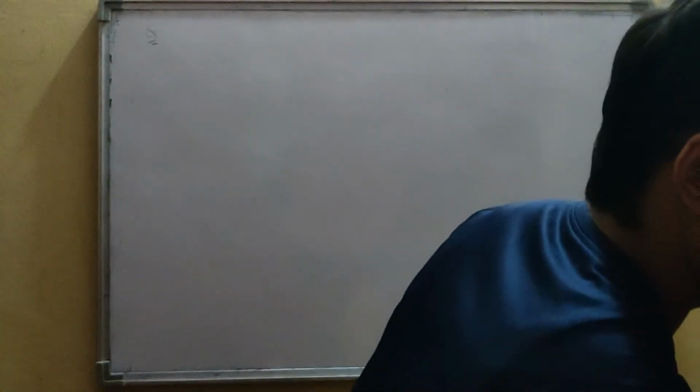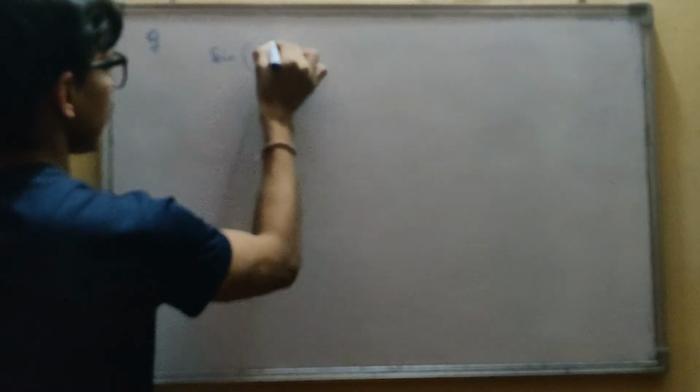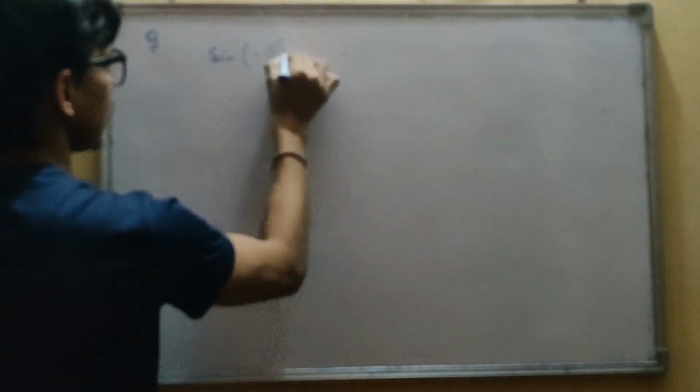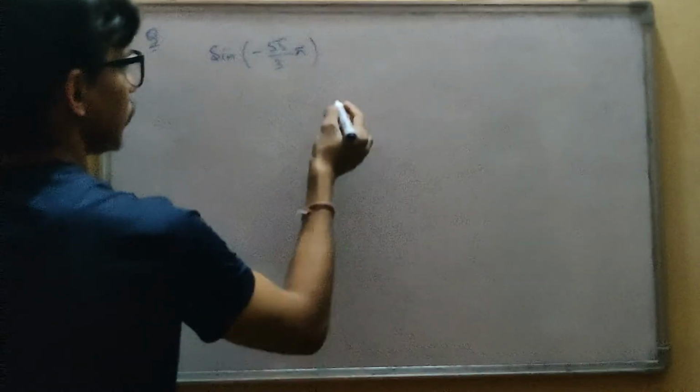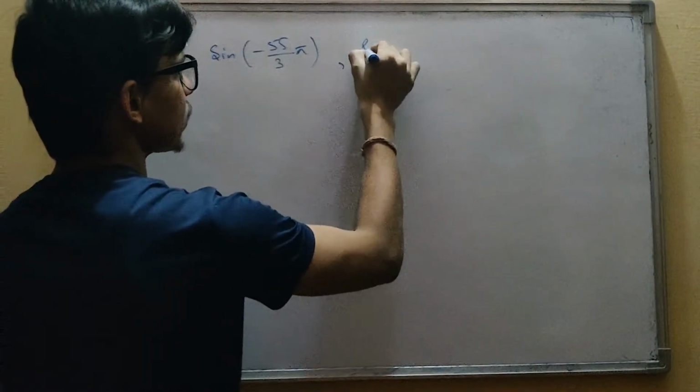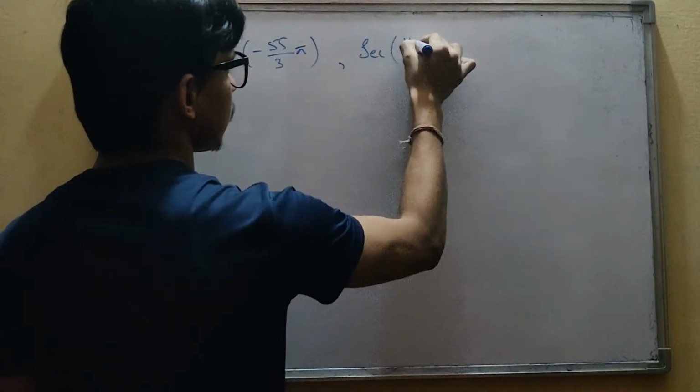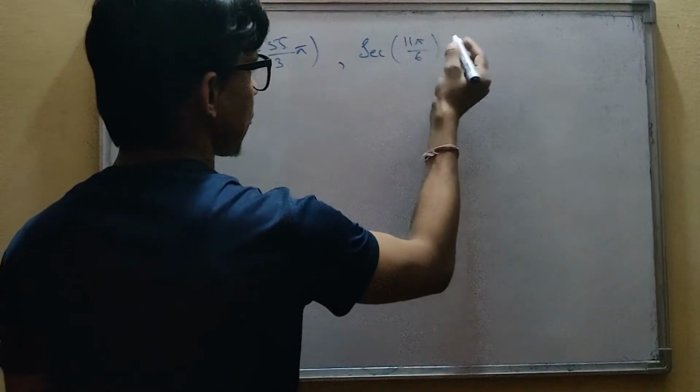So the next question is, suppose you have to find sine minus 55 pi by 3. You have to find the value of this. Next you have to find sec 11 pi by 6.